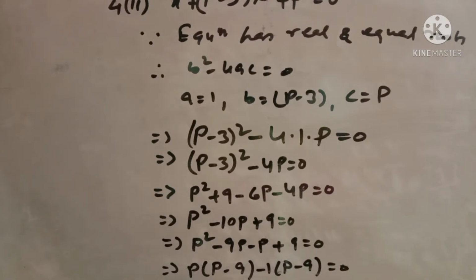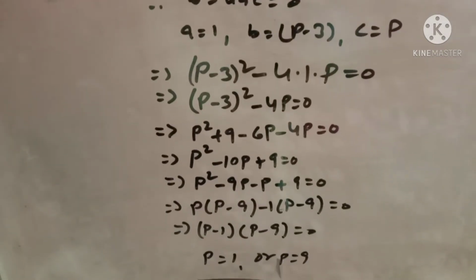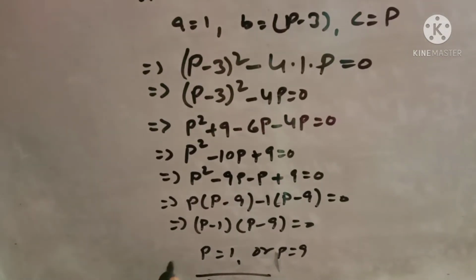So two factors will come, p minus 1 and p minus 9 equal to 0. Therefore either p equal to 1 or p equal to 9. Therefore the value of p equal to 1 and 9.